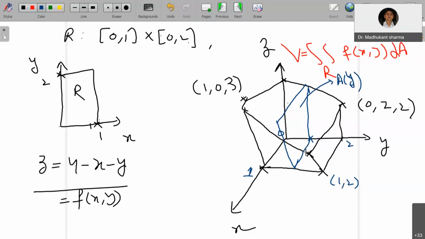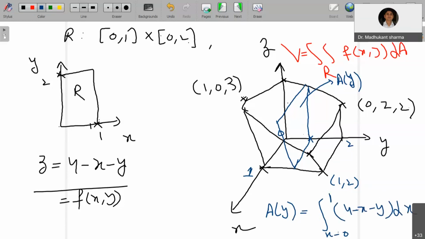You have the height here, so A of y is the area of this cross section: integration x equals 0 to 1, because x is from 0 to 1, and the equation is 4 minus x minus y dx. Then you can integrate this along y.